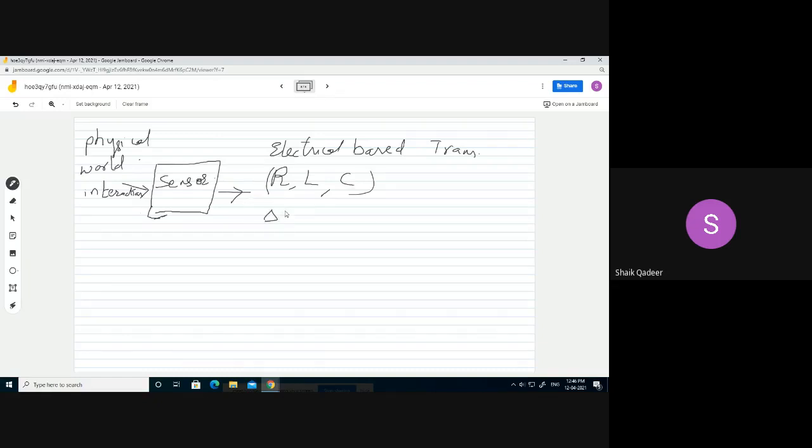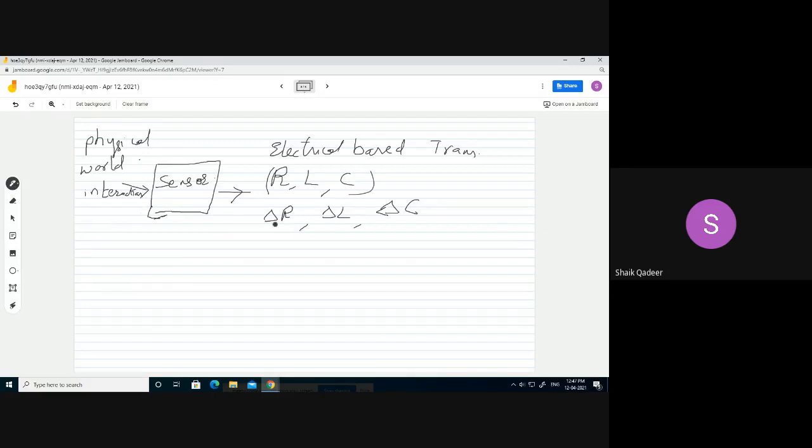They start giving the information in the corresponding electrical parameter, as a change in resistance, or a change in inductance, or a change in capacitance. Agree or not? Yes, sir.